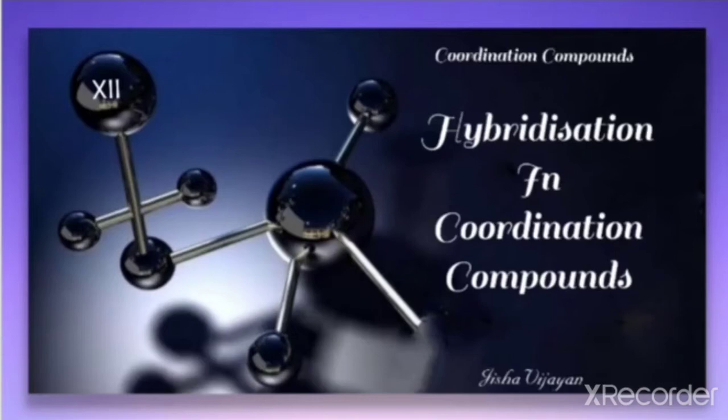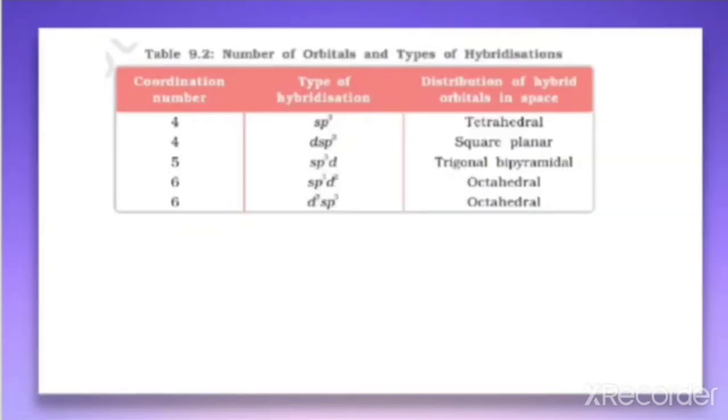So the definite geometries which are formed are tetrahedral when the coordination number is 4. If it is sp3 hybridization, the geometry is tetrahedral, where M is the central metal ion and the ligands are at the 4 corners of a tetrahedral geometry.